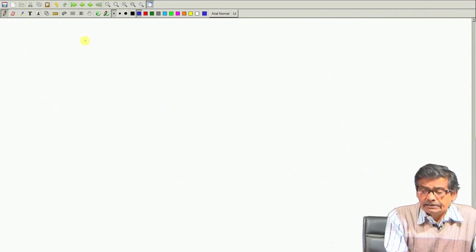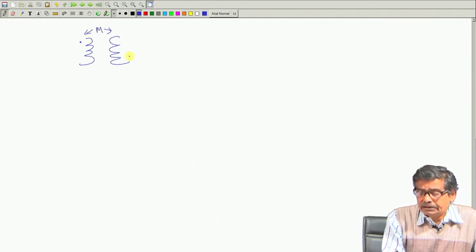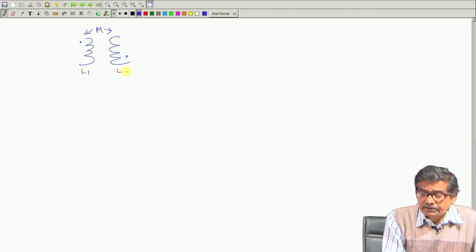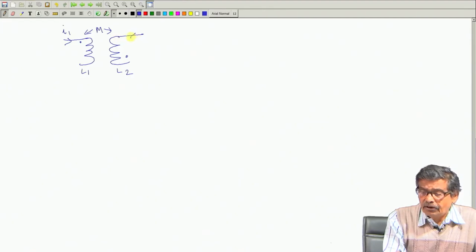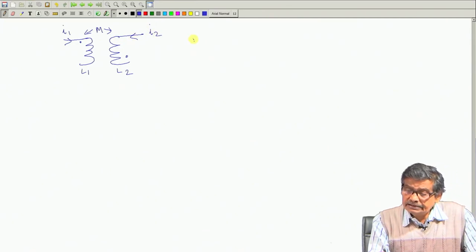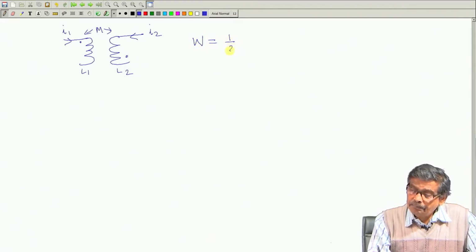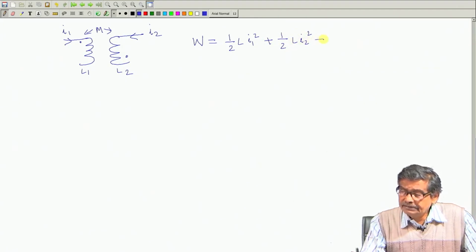the next part I did is, if there are two mutually coupled coils having mutual inductance M between them, and for a change, let me write it this way, this is L1, this is L2, and if at any time the currents through the coils are known, then the instantaneous energy stored will be equal to half L1 I1 square plus half L2 I2 square plus M I1 I2.